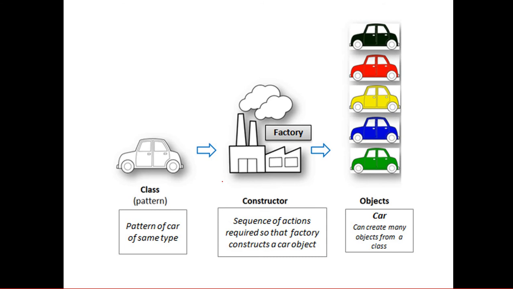Here we will have multiple cars with different properties. So although you use the same pattern or class, the objects can have different properties. Now we have the basic idea.